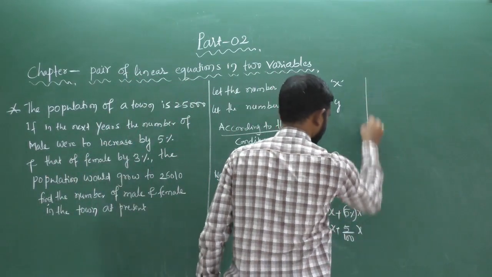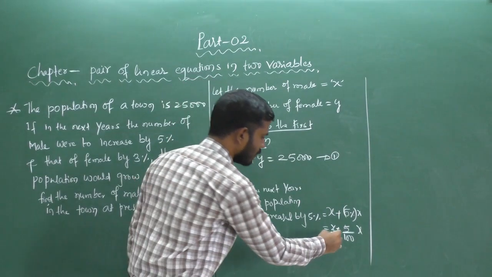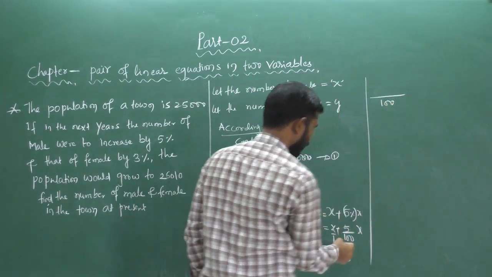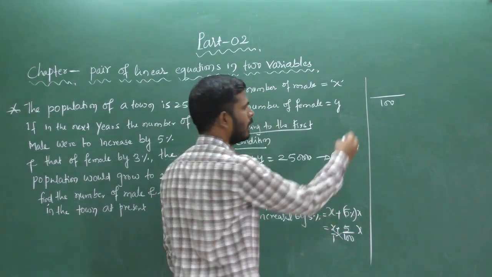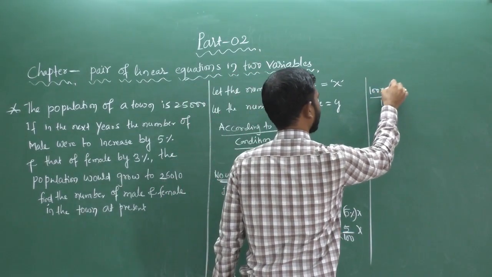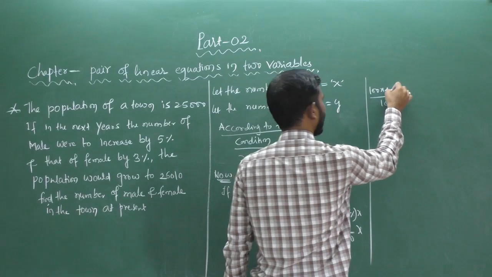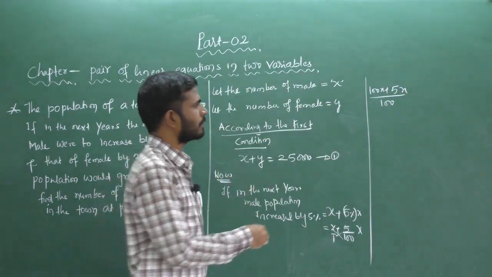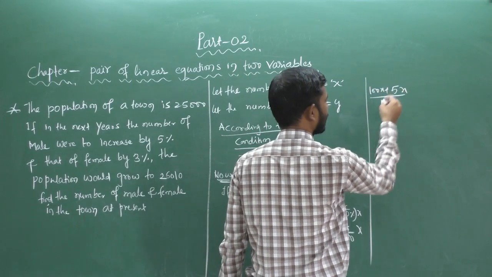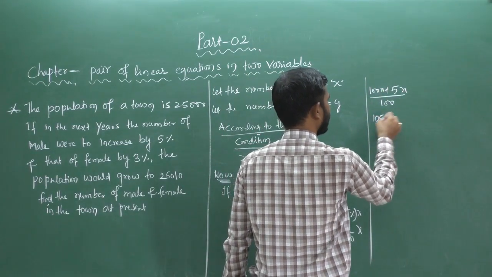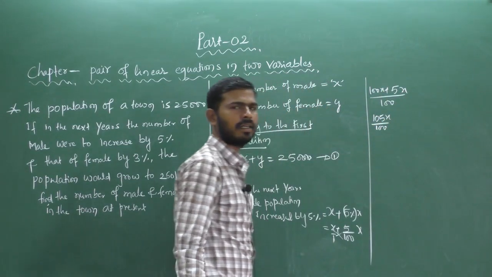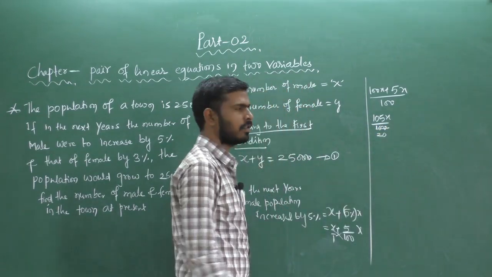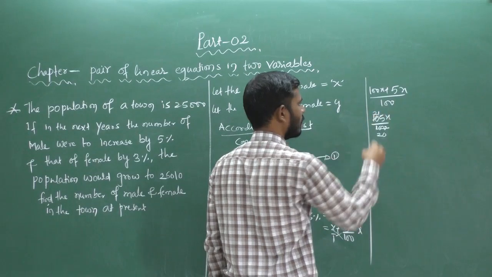You have to simplify; here x is x over 1, and the LCM is 100. So cross multiplication gives 100 into x, 100x plus 5x. Total is 100 plus 5, 105x divided by 100. Next you can simplify here: 5 to the 10, that is 0, keep as it is; 5 to the 5, 1.